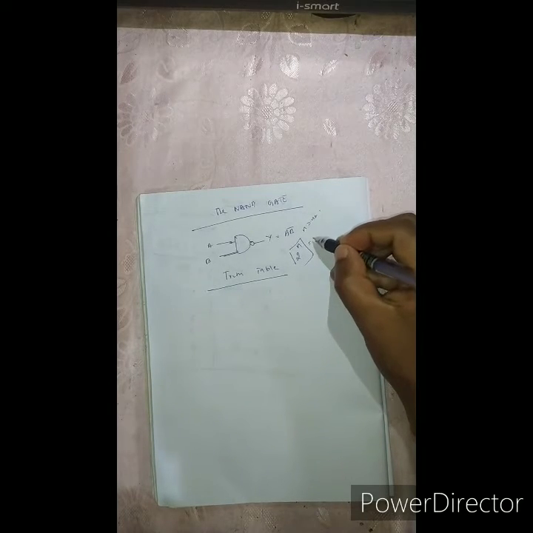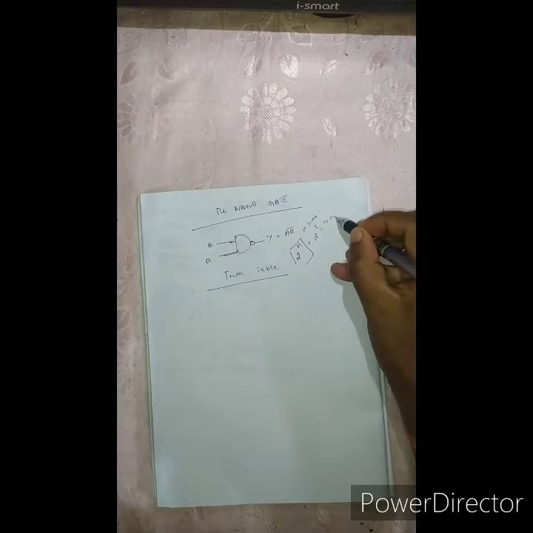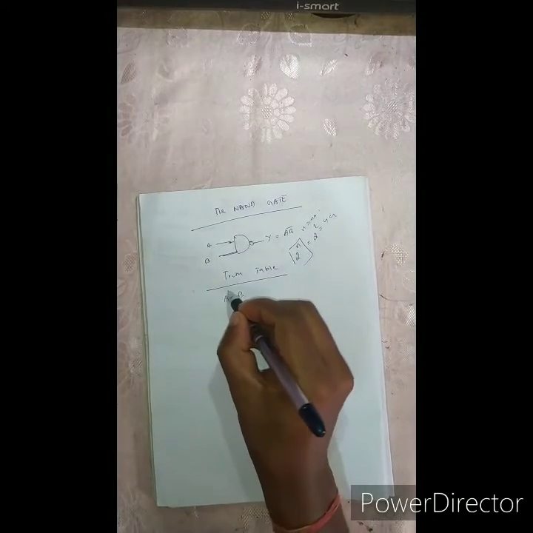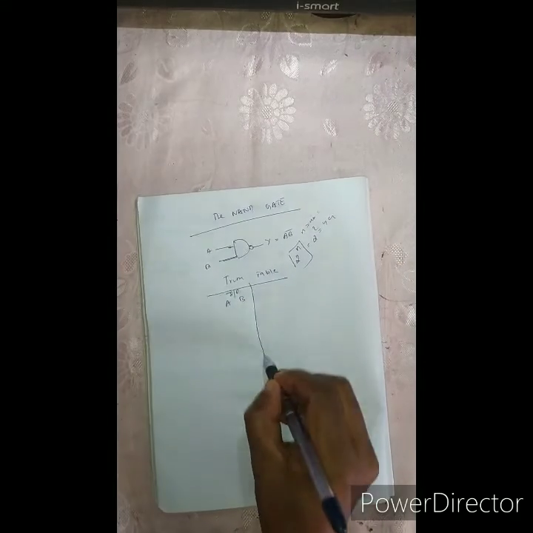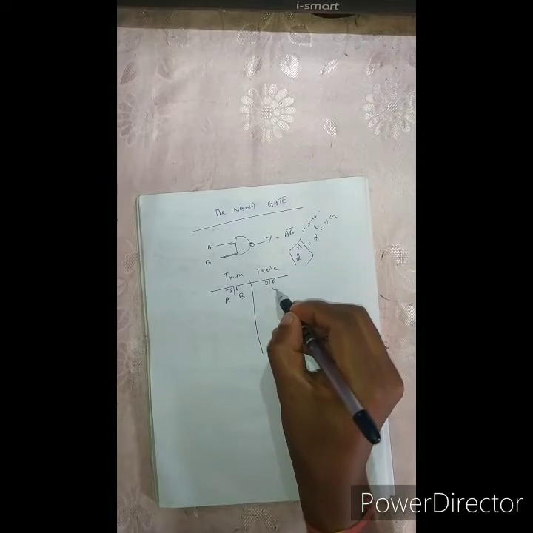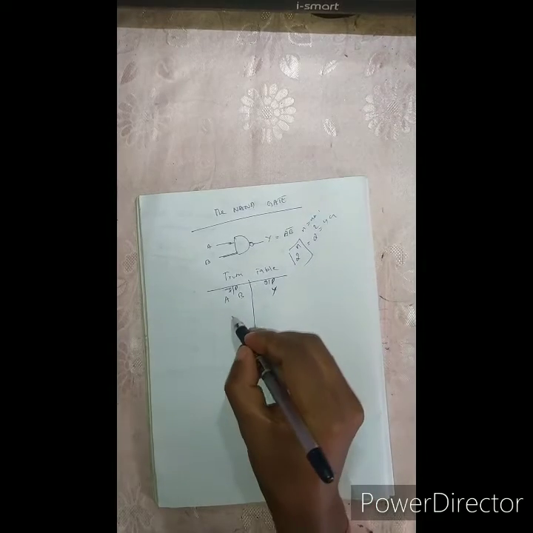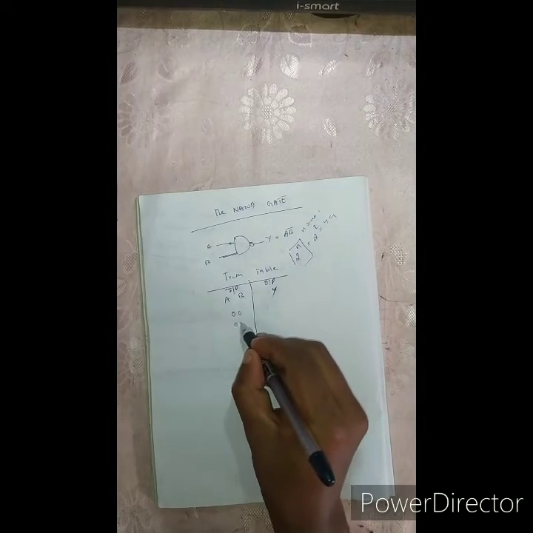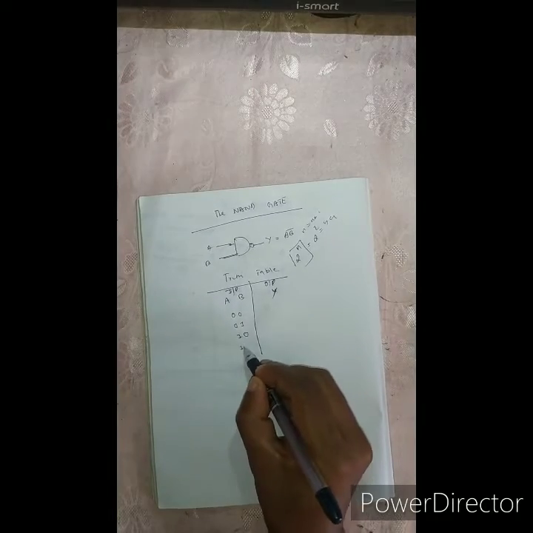If we are taking two inputs, we can have 4 combinations. So let us take two inputs, A and B, and the output is Y. The combinations are 00, 01, 10, 11.